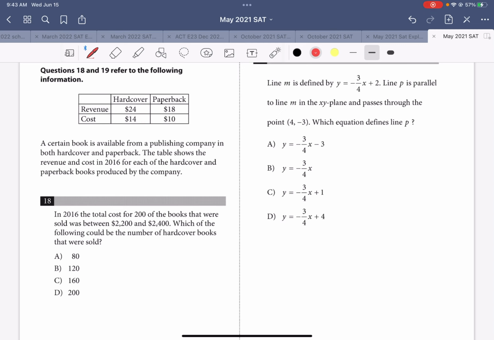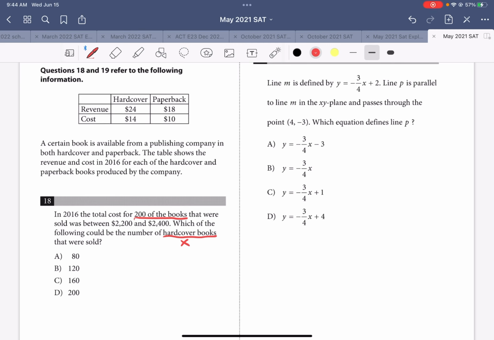In 2016, the total cost of 200 of the books, which were sold, was between 2200 and 2400. Which of the following could be the number of hardcover books that were sold? So let's say X is the number of hardcover books that were sold.